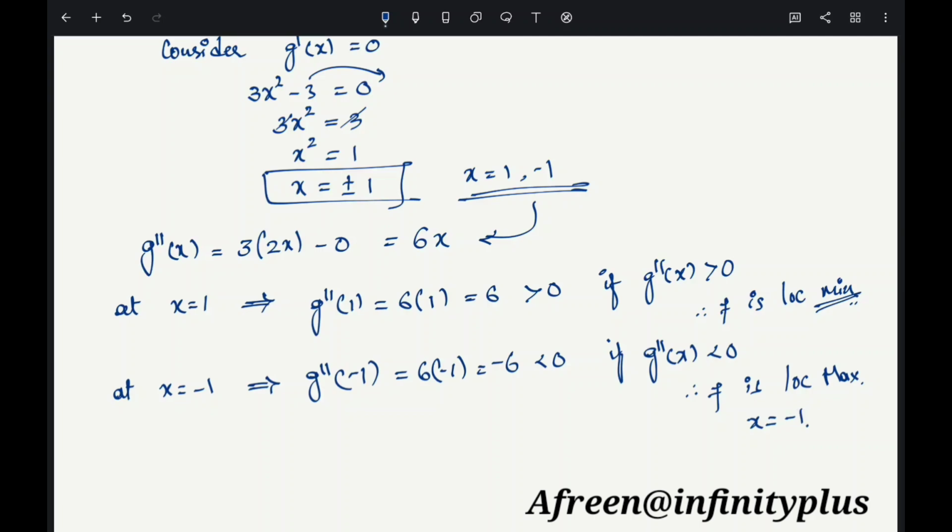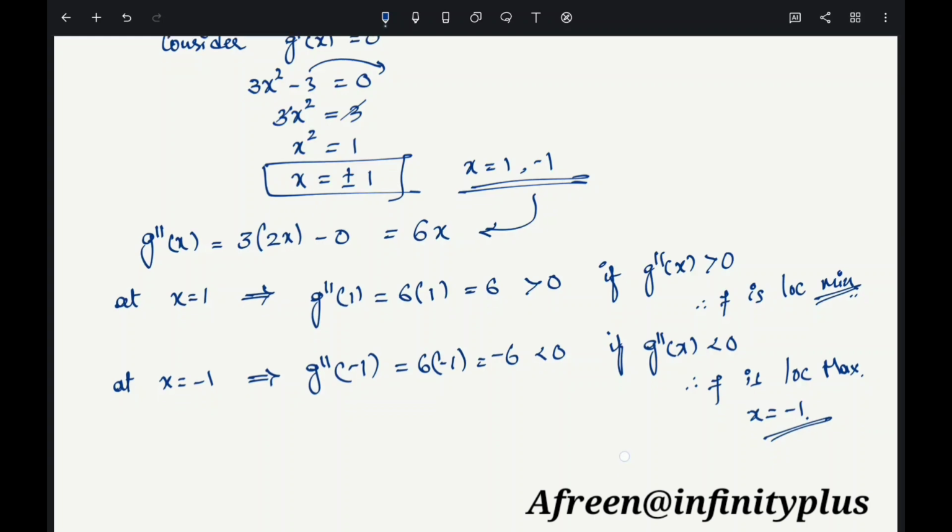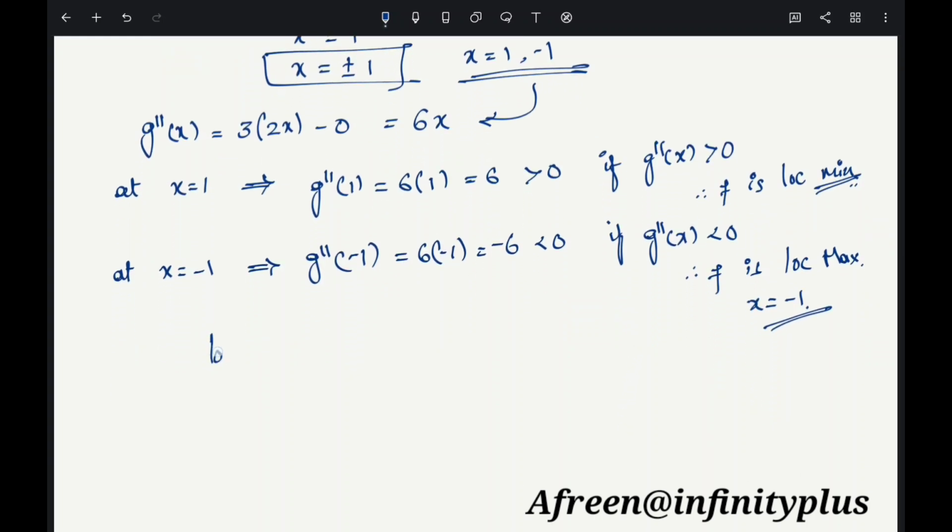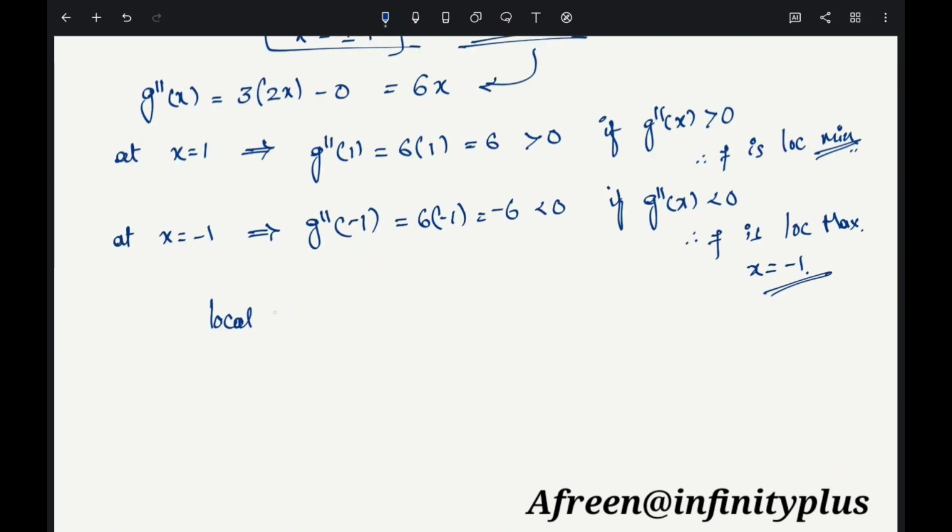So we have got the local maximum which is at x is equal to minus 1 and local maximum value you have to find. So local maximum value we will be getting at x is equal to minus 1. So substitute it in g of x. So what is the function g of x we will be having?